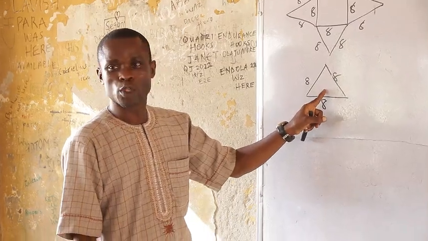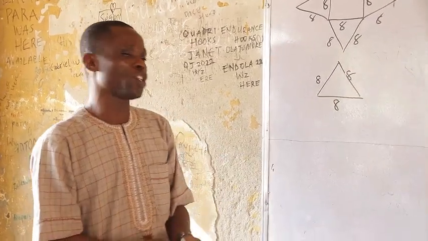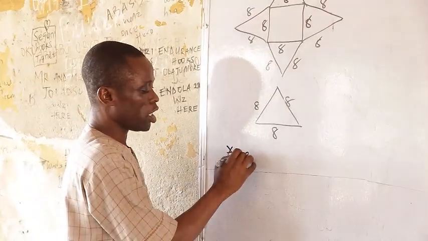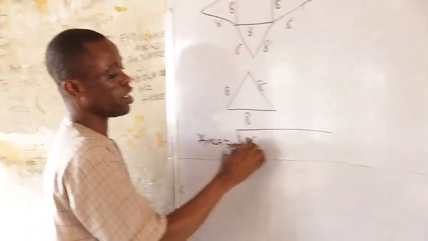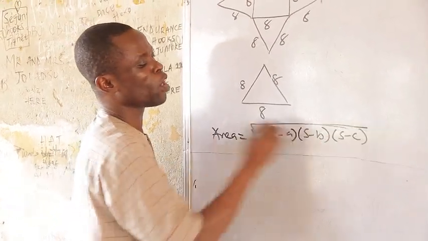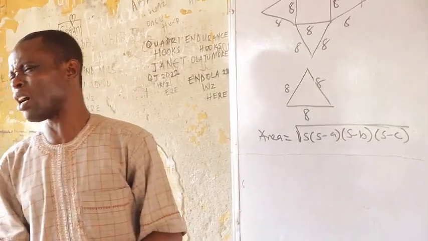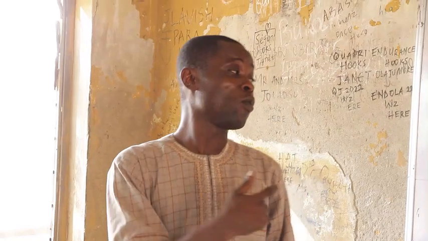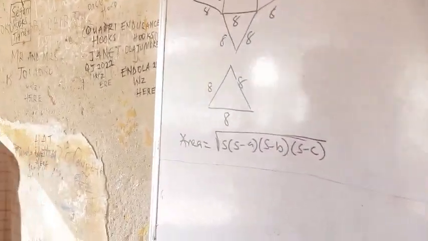I will use Pythagoras rule to get the height. But let us use Heron's formula. So we have area equals the square root of S into S minus A, S minus B, and S minus C. If you really want to get all these 50 marks in objective, you must know all these formulas, because there is no way you can escape mensuration in the exam.